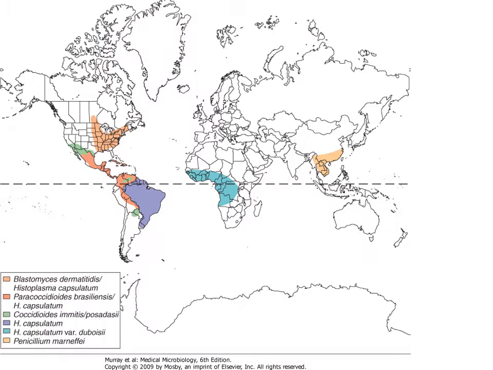If you want to look at where exactly different types of deep mycosis occur, you can look at the inset over here, which talks about Blastomyces, Histoplasma capsulatum, Coccidioides, and the rest of the fungi.